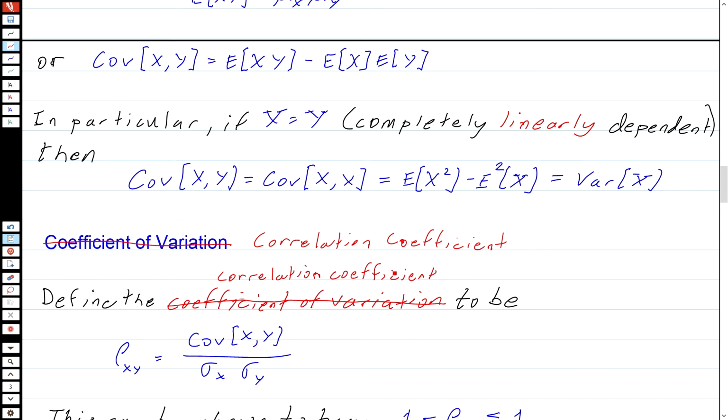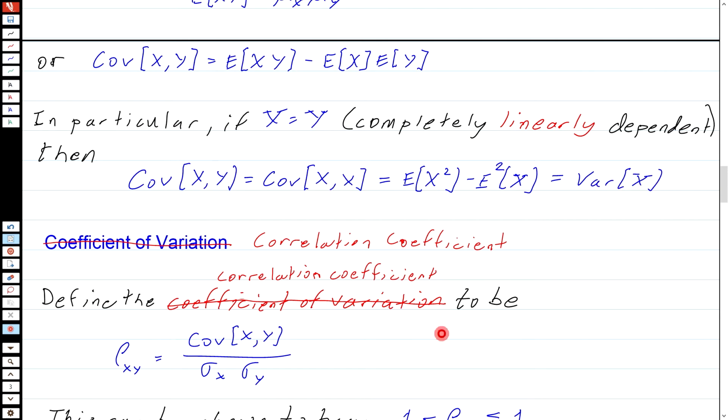Okay, so we're going to define the correlation coefficient to be the ratio of my covariance divided by sigma x times sigma y. Basically what I'm doing here is taking out the variance term. We know that when they're perfectly correlated, the covariance between x and x is sigma x times sigma x, which is variance of x.